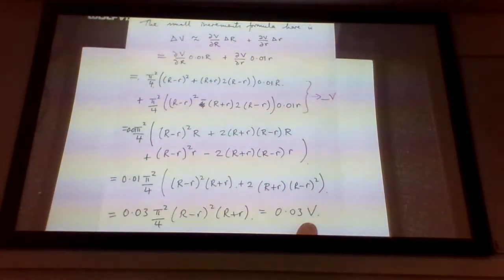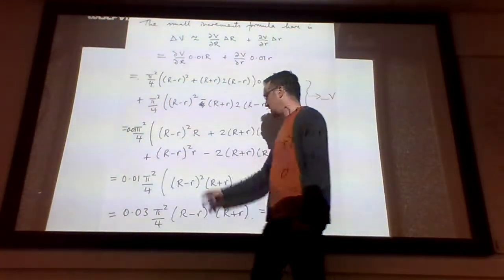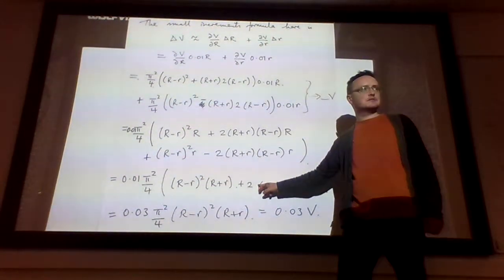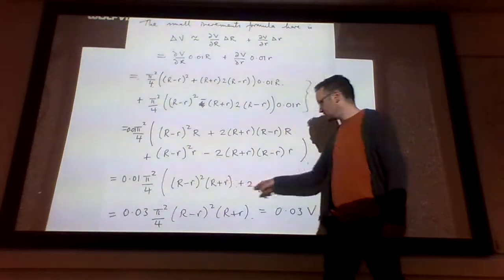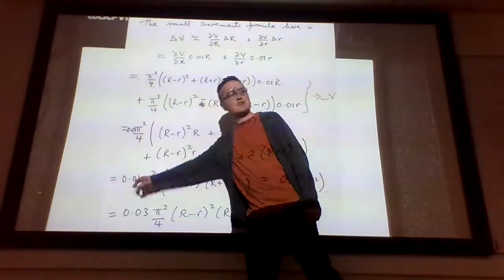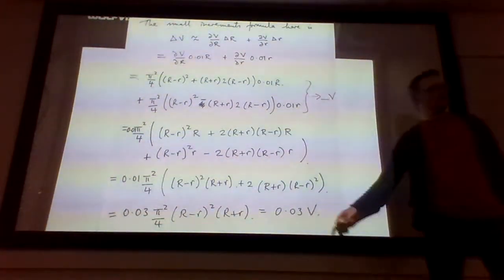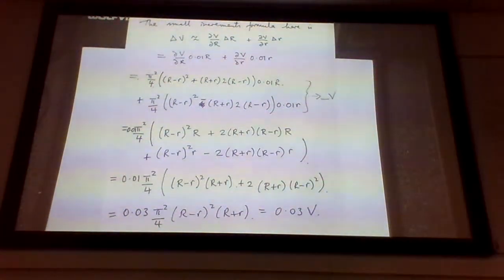Where did you get that 0.03? The 0.03 comes from my 0.01, but taking this factor of 3 out, you've got a 1 plus 2 times all of that, so you've got 3 times it. So I just multiplied the 3 by the 0.01, and the pi squared over 4 is part of v. All the rest here is v.